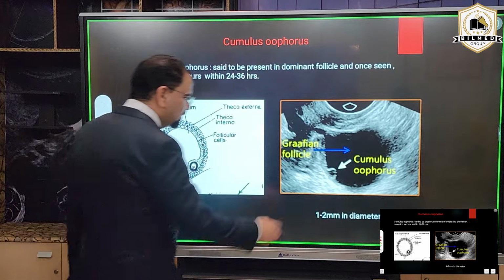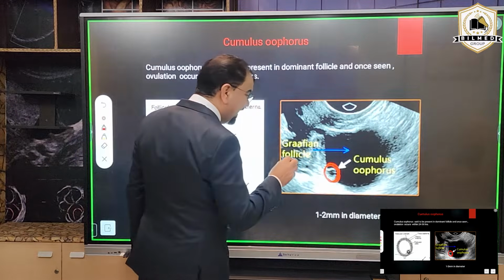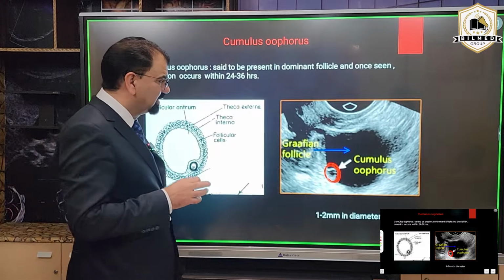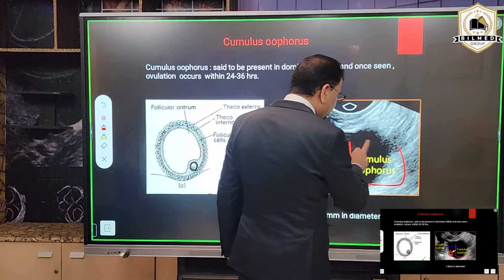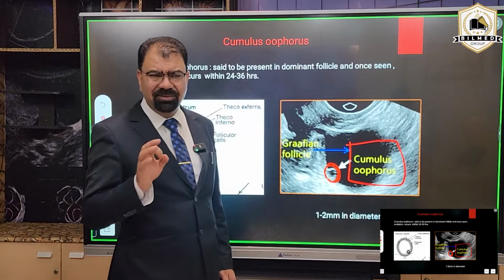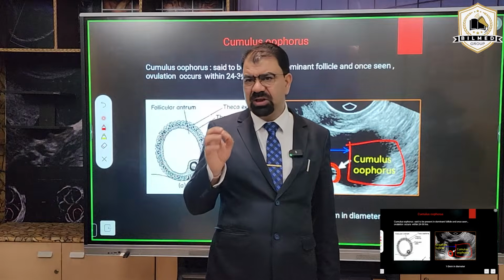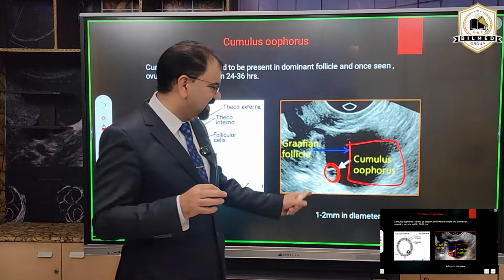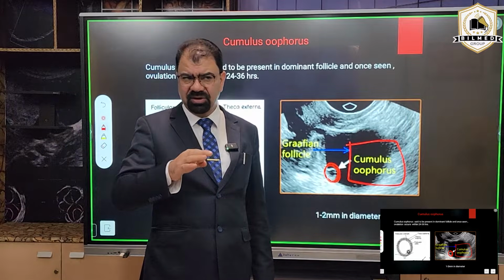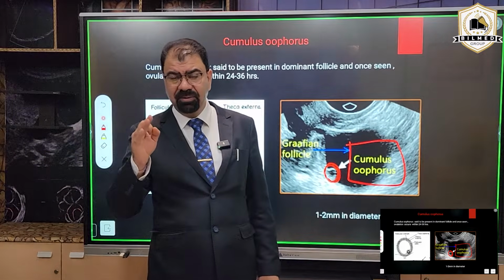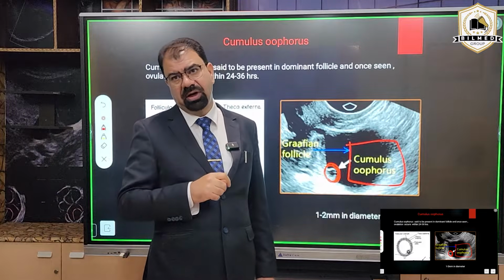Now, sometimes you will see a small cyst-like structure in the follicle, and this is nothing but a cumulus oophorus. If seen, this is a very small structure, 1 to 2 millimeters only, and it is a sign of a matured, dominant, mind my words, matured and dominant, plus about to rupture follicle.